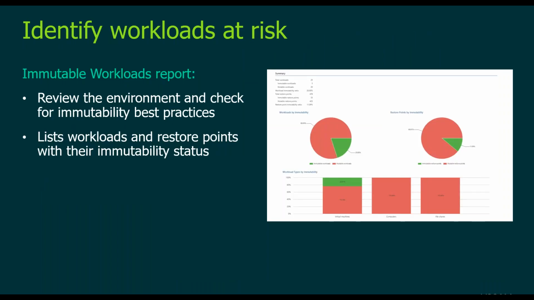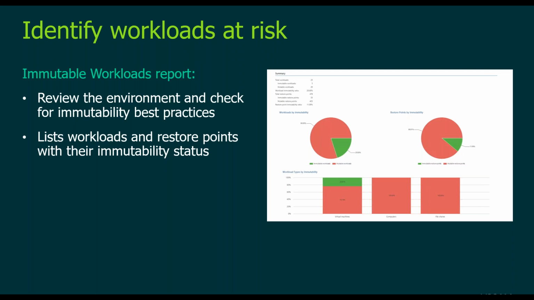Well, you already touched on immutability, right? And why it is so important when it comes to protecting your data. In V12, there is a new immutability workload report, which will allow you to quickly identify which of your backup jobs are or are not storing the backup file on immutable storage, right?